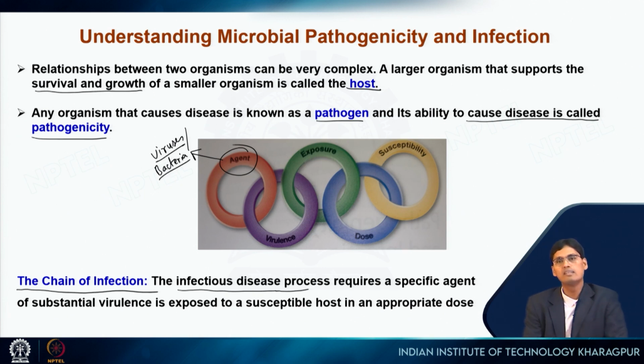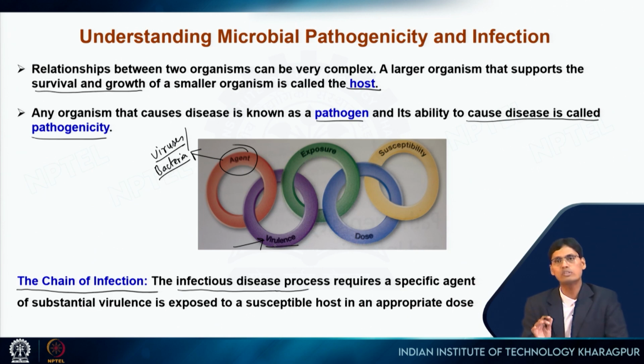And then if those bacteria or viruses have some kind of virulence factors, that means they have the ability to cause disease, that is called virulence. So this is the virulence factor of a virus, bacteria or any other pathogen.